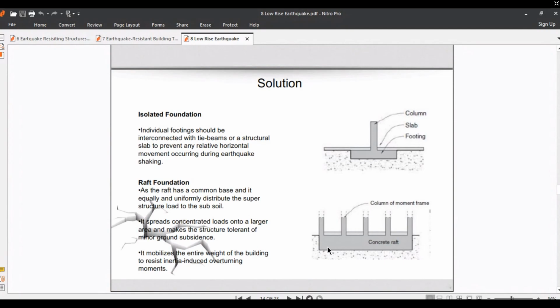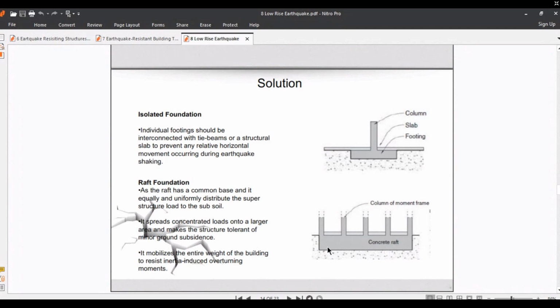It mobilizes the entire weight of the building to resist inertia-induced overturning movement, and you can see in this schematic shape the concrete raft and columns of the moment frame.